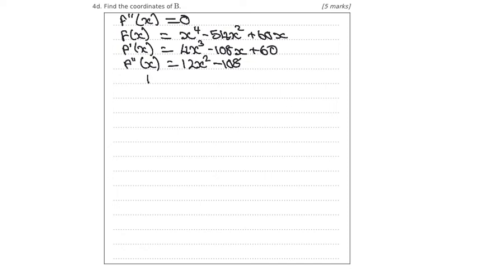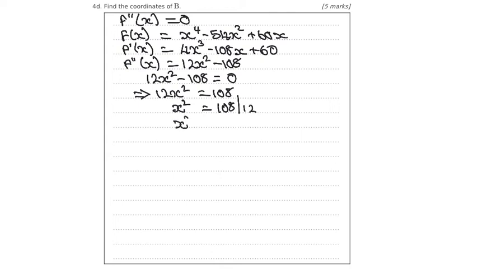And we want 12x squared minus 108 to equal 0. So therefore 12x squared is equal to 108. So x squared is equal to 108 divided by 12. So x squared is equal to 9. So x is equal to plus or minus 3. We know that x must lie between minus 1 and 6.